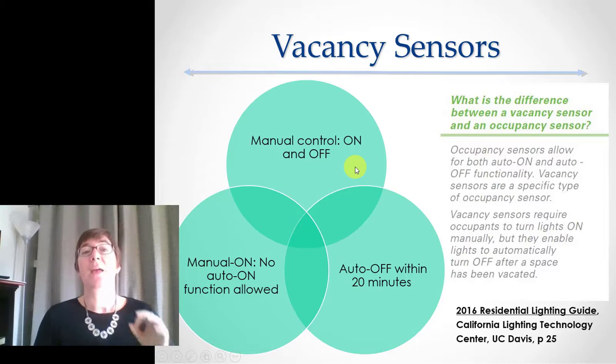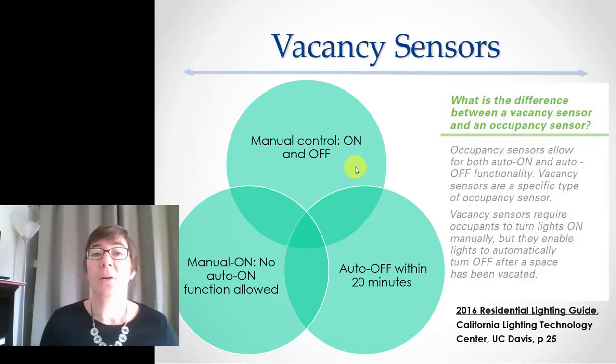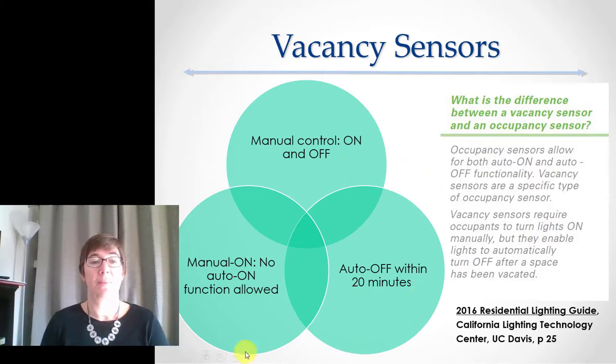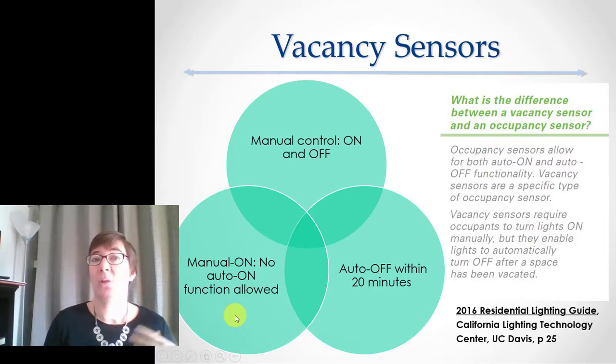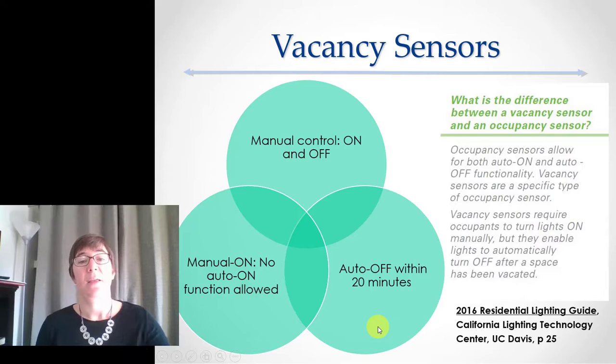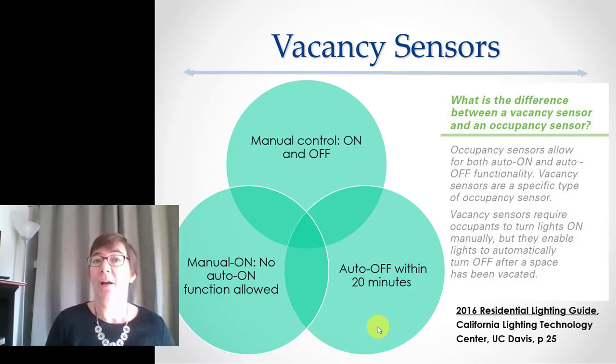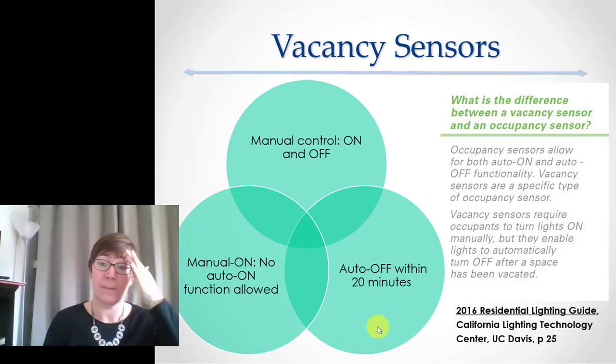Oh, excuse me. It's also required that there also be a manual off to the switch. Because remember, every room needs a light that has manual on and off. It's required that it be a manual on. No automatic on function is allowed at all. And finally, it's required that the auto off function happen within 20 minutes.